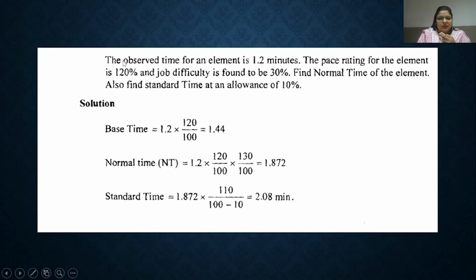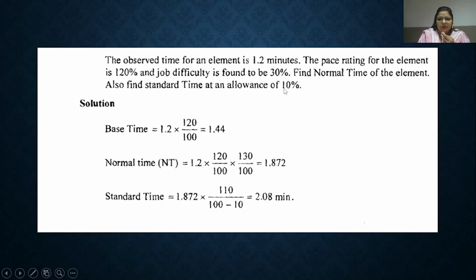In this, the observed time for an element is 1.2 minutes. The pace rating for the element is 120%, and the job difficulty is found to be 30%. Now find the normal time of the element, and also find the standard time with an allowance of 10%.